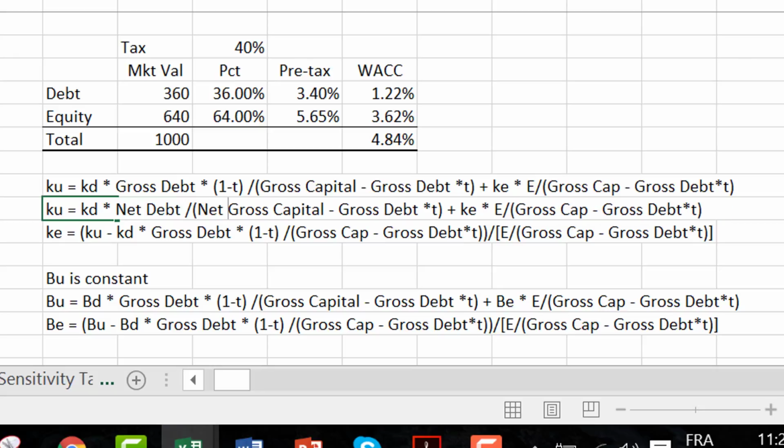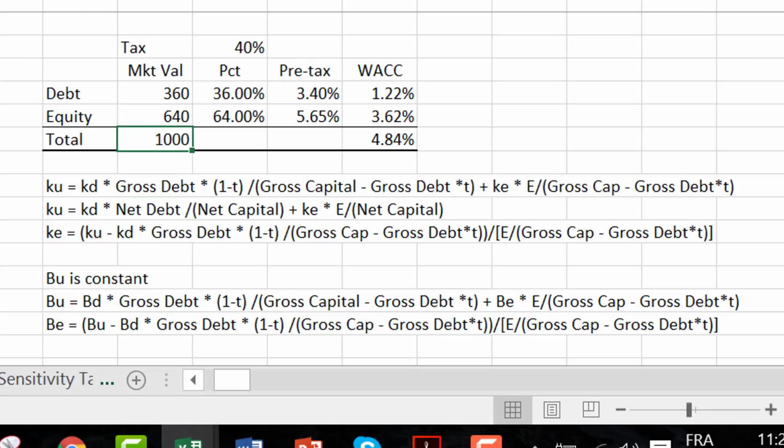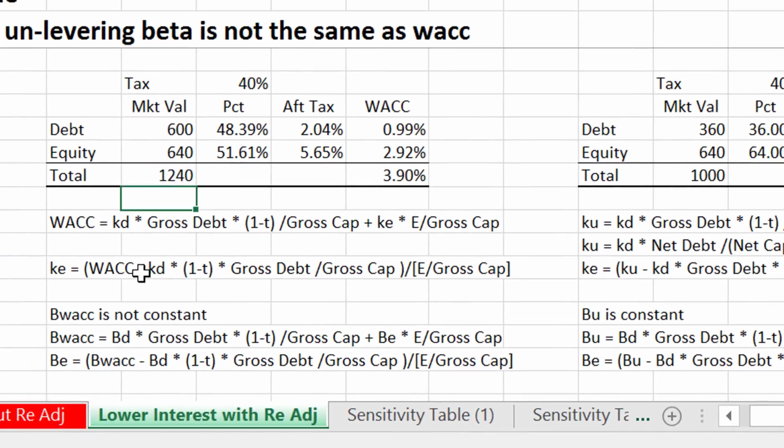That is differentiated capital. Plus the equity times the net capital divided by. Notice that the denominator, this 1,000, is different than this 1,240. This is all you have to know.